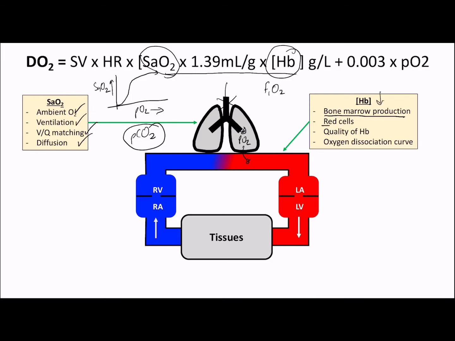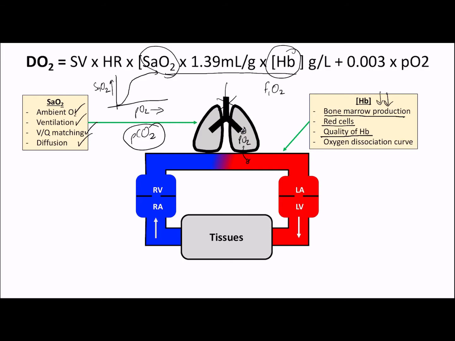If you have red cell problems, for example, if you had those red cell membrane defects or enzyme defects, those red cells are going to be destroyed earlier. You're going to reduce your hemoglobin concentration. Also, the quality of the hemoglobin. So we have conditions such as thalassemias, which are genetic mutations affecting globin synthesis, and that can cause an anemia.